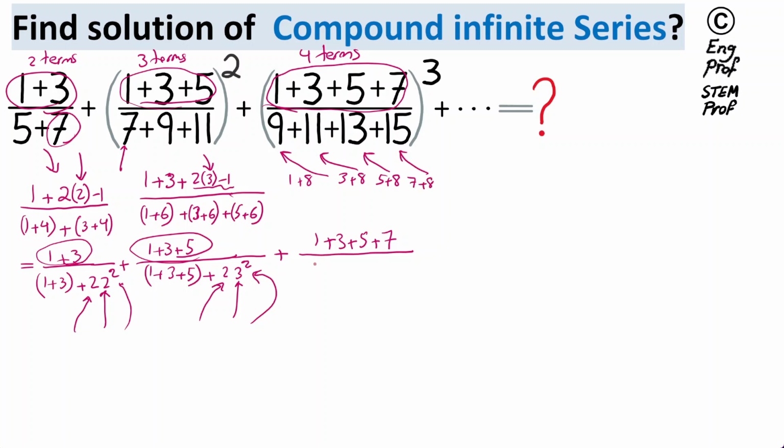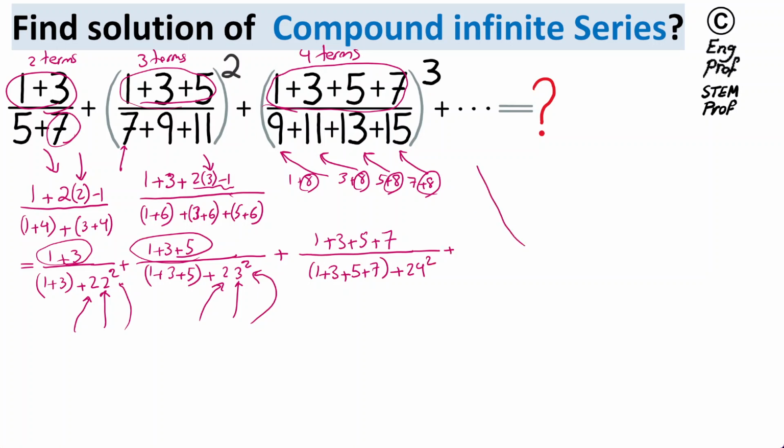So again the same thing is going on in the denominator: 1 plus 3 plus 5 plus 7, and then I have 8 repeated 4 times added together. So it will be 4 times 8, but then 8 is 2 times 4. So same as before, I can write 2 times 4 to the power 2.